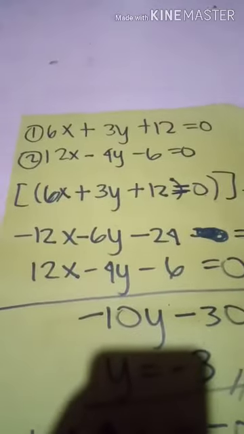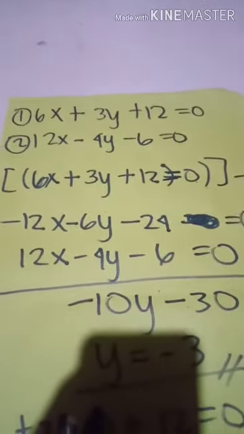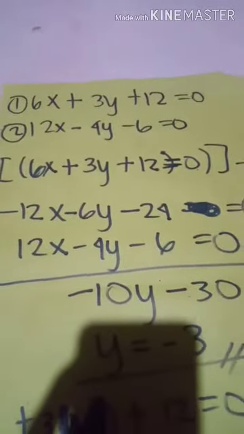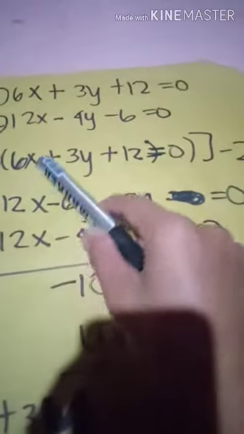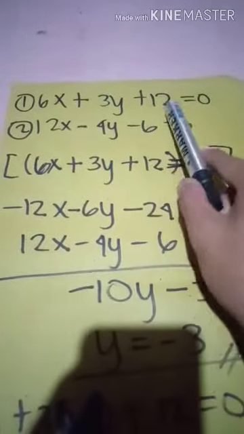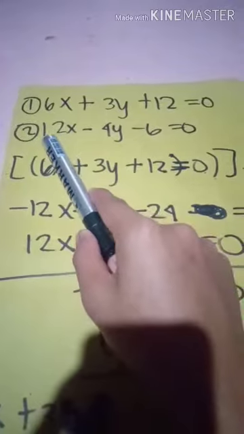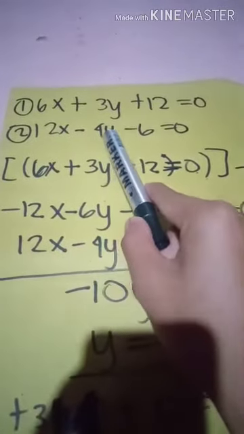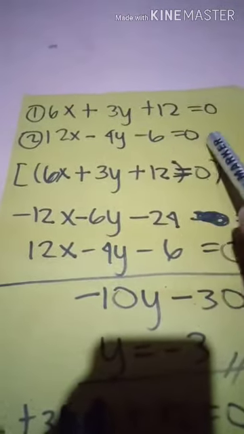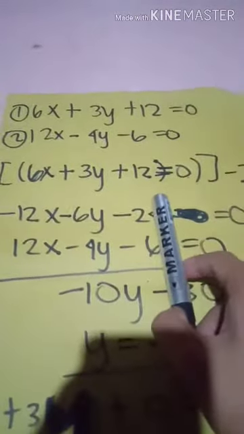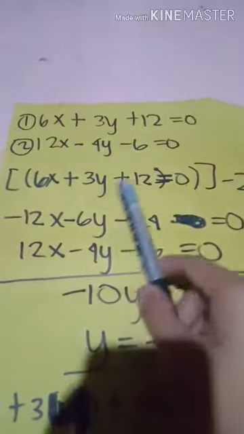So now the example number 3 sa find the value of x and y. So equation 1 na to is 6x plus 3y plus 12 is equals to 0 nya. Second equation is 12x plus 4y minus 6 is equals to 0. So ang atong equation 1 is i-multiply na to para ma-cancel ang x.